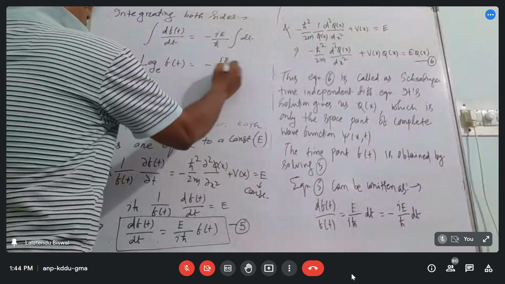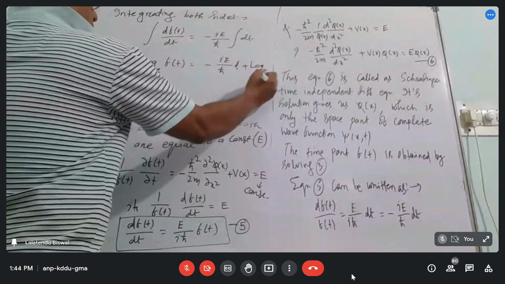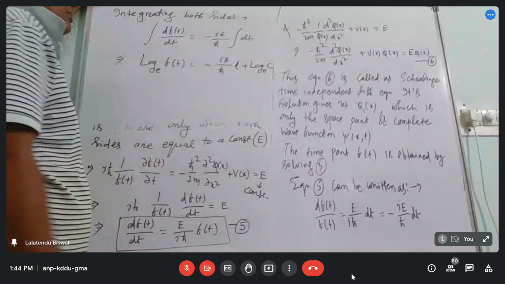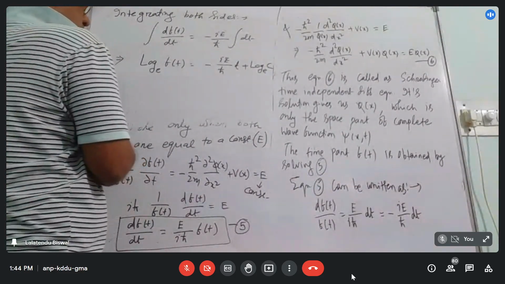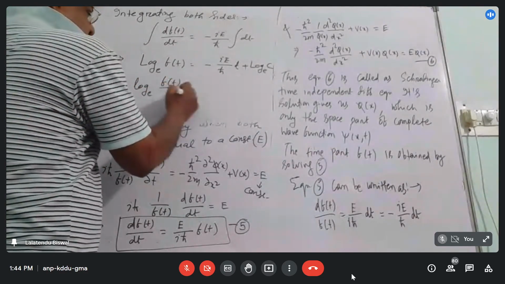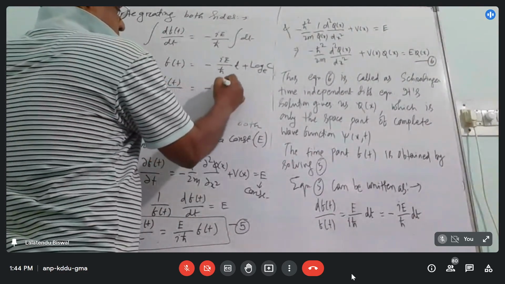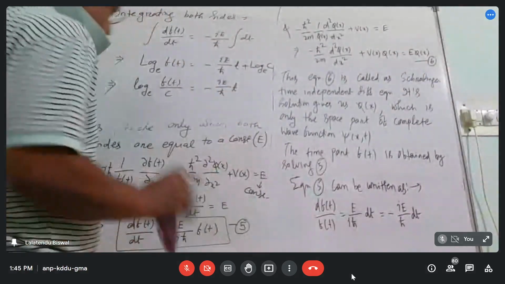After integration there is a constant, and we can take it as log e C. Then you can easily write log e Ft by C is equal to minus i by ħ E into t.